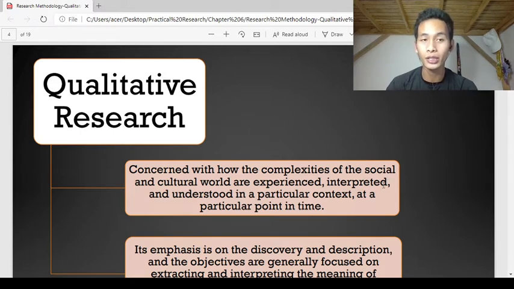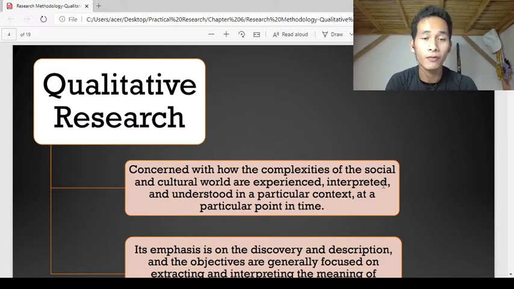This research design is more concerned with dealing with the complexities of the social world, the complexities of the cultural world, as they are experienced, interpreted, and understood in a particular context and a particular point in time.